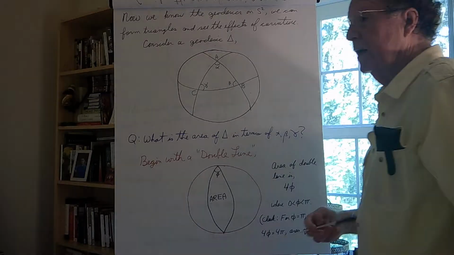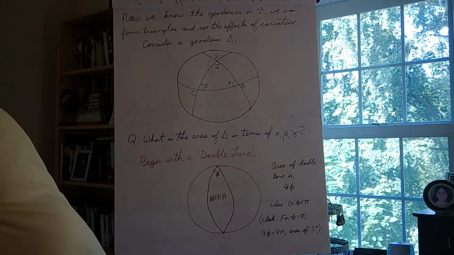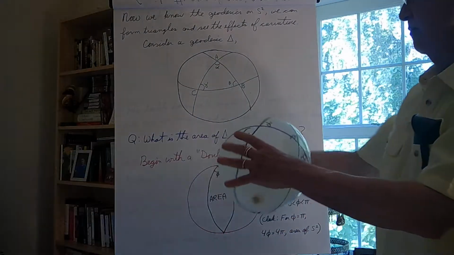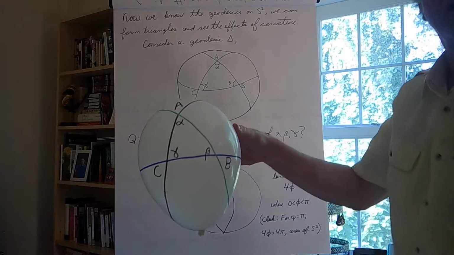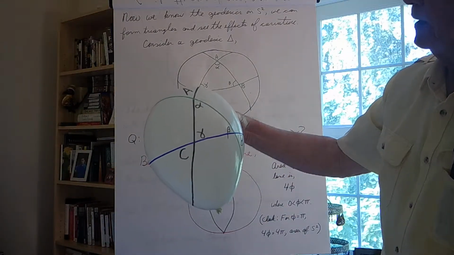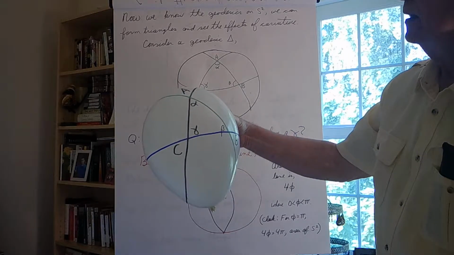And so here, for example, is a rendering of that, on an approximation to a sphere, a little white balloon here. I see A, B, and C, and I see the geodesics.